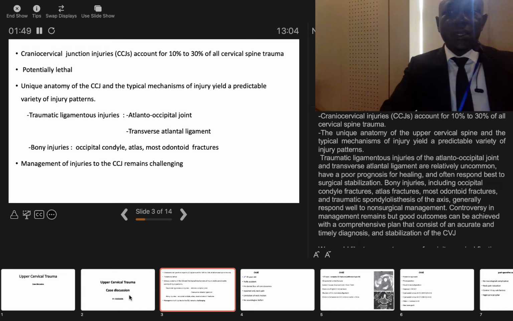The unique anatomy of the craniovertebral junction and the typical mechanism of injury yield a predictable variety of injury, traumatic ligamentous injury, bony injury or mixed lesion, and the surgical management of this injury remains challenging.